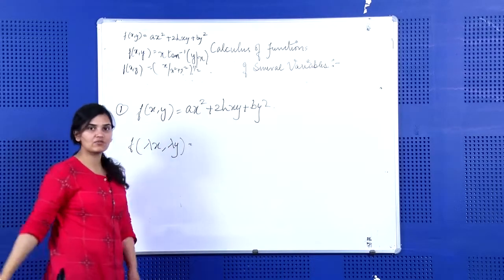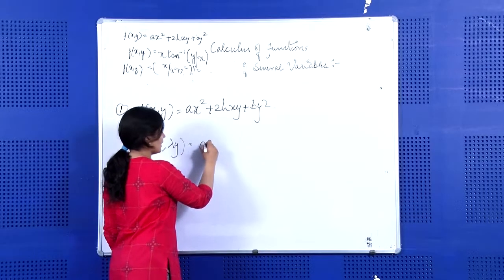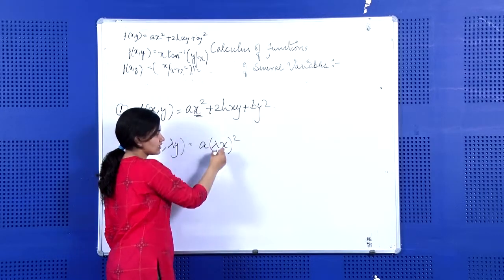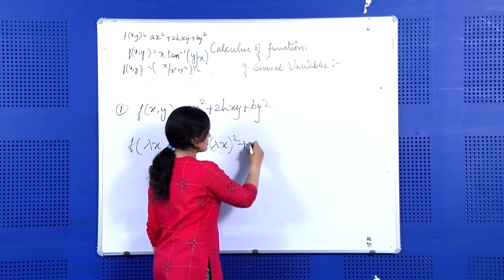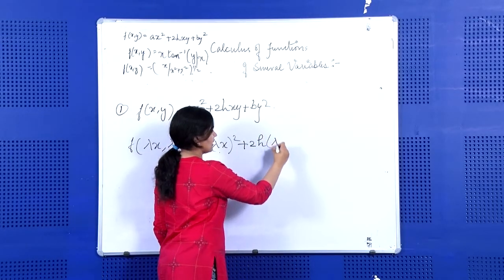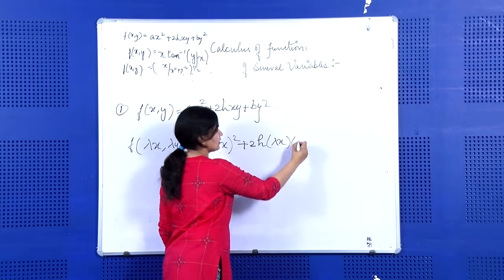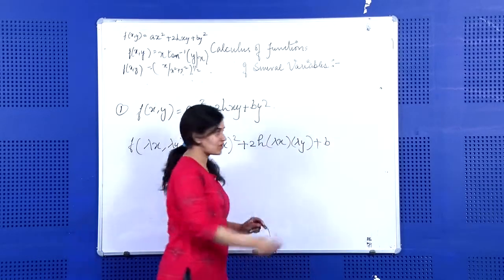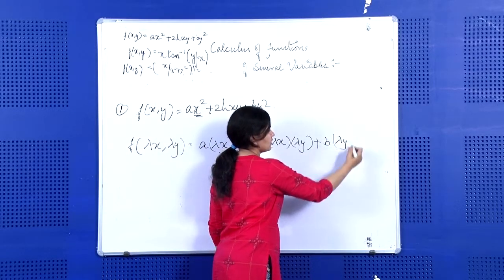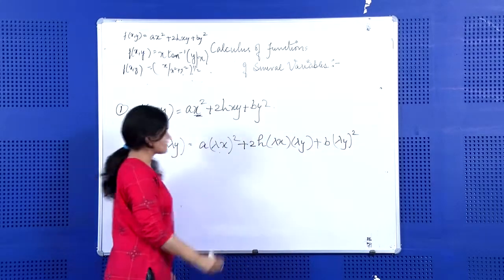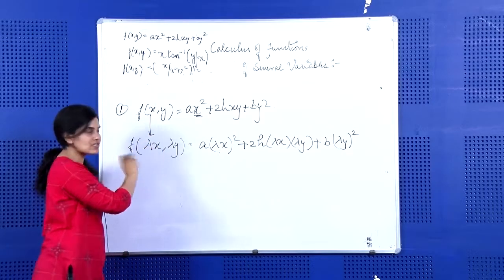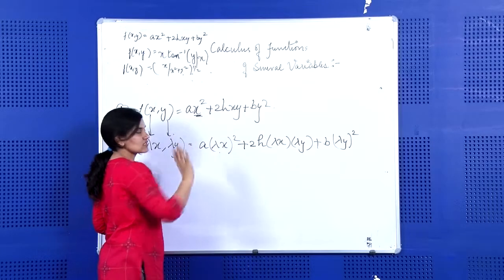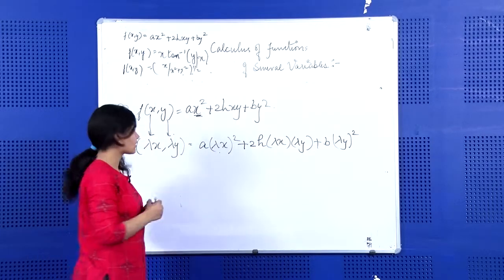On multiplying, I will be getting a, x will be now lambda x, plus 2h, x is lambda x, y is lambda y, plus b, y square, y is lambda y now. What I have done is I have simply replaced x with lambda x, y with lambda y. Wherever we have x and y, we are simply replacing it with lambda x and lambda y.